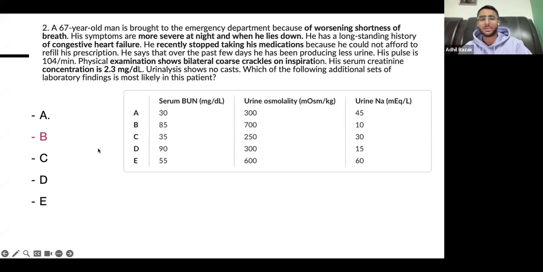The answer is B. So we have a patient who has congestive heart failure. For congestive heart failure, what type of azotemia do you experience?